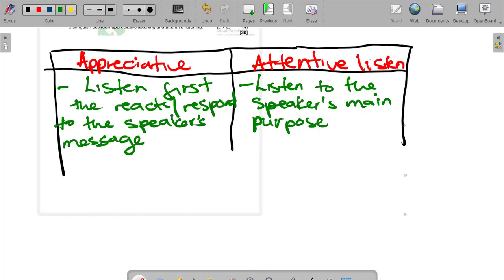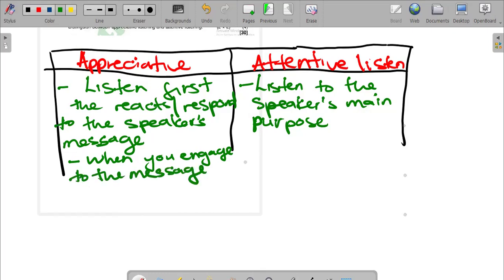So you can find that you only listen first if you engage yourself in the conversation, in the message, whereby you try by all means to eliminate barriers, right?